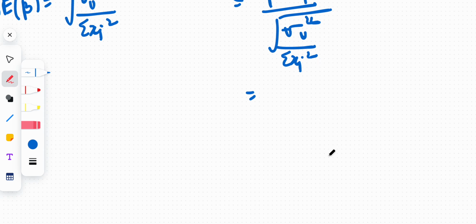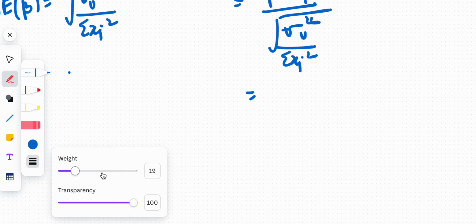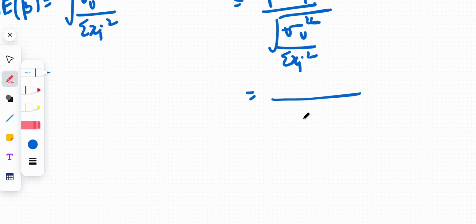It's quite a hassle right now. This will become something of the sort.